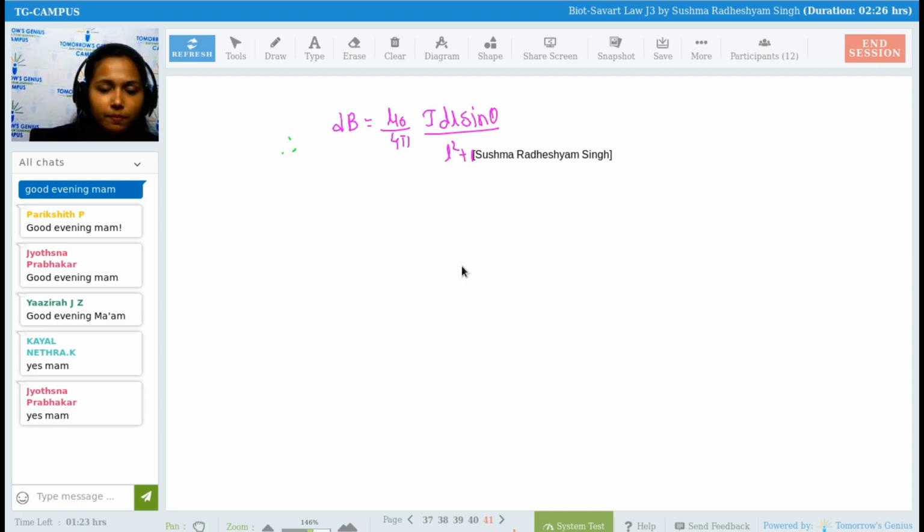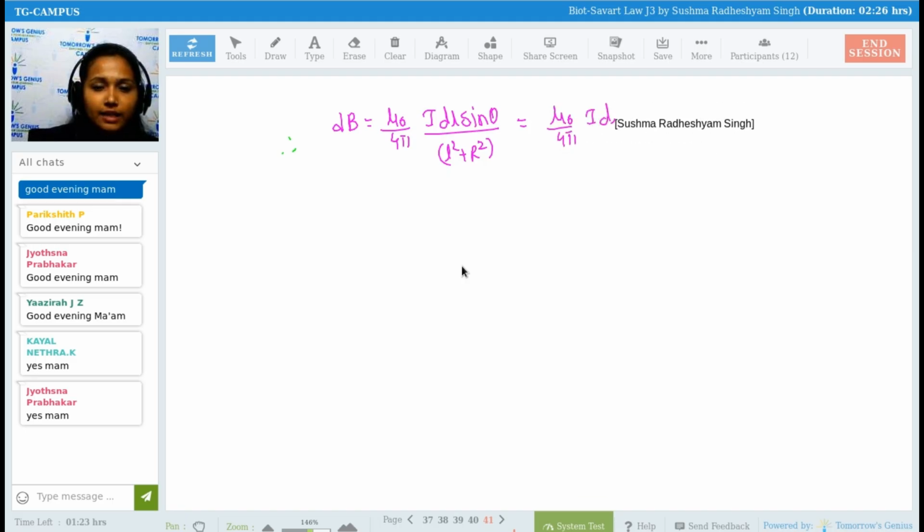I write r square as L square plus R square, and in place of sine theta we put the value: mu naught upon 4 pi I dl capital R over L square plus R square, one part here and another part under root of L square plus R square. Clear this part?